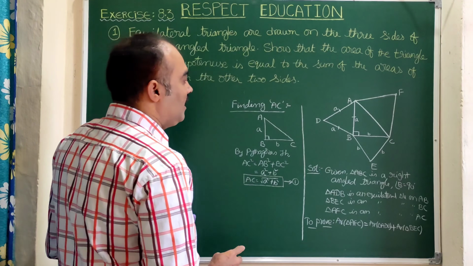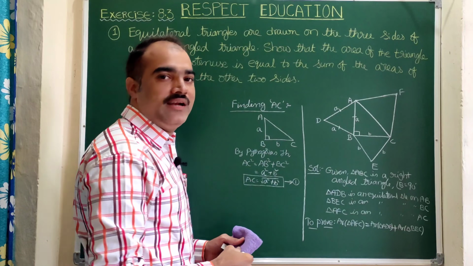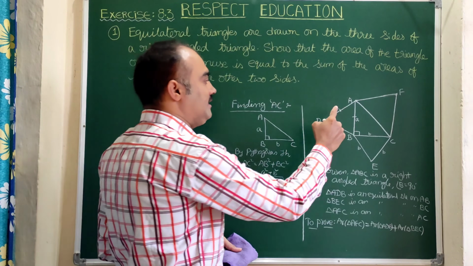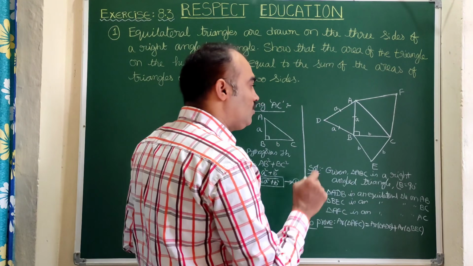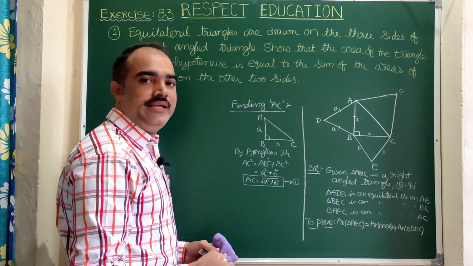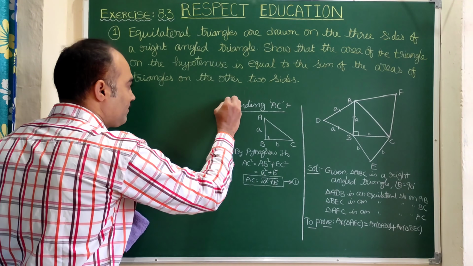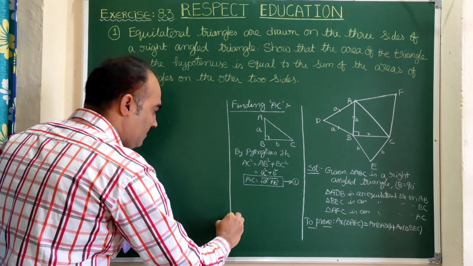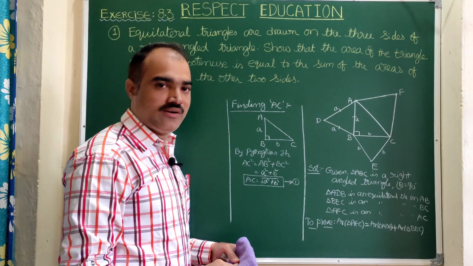Right. Now another thing is that we are going to find the area of equilateral triangles. Here this is the first equilateral triangle, second one and third one. So now I will tell you how to find the area of an equilateral triangle. Here there are two ways of finding the area of an equilateral triangle.